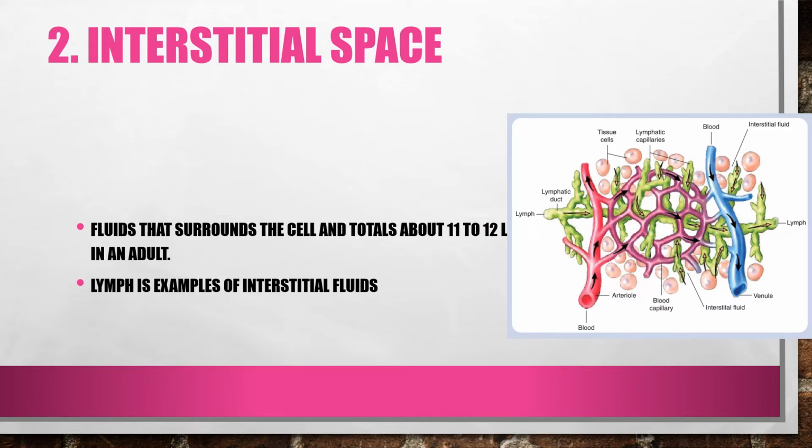See, this is a cell A, B. In between these cells, fluid is present. That fluid we can call interstitial fluid. A good example of interstitial fluid is the lymphatic system.